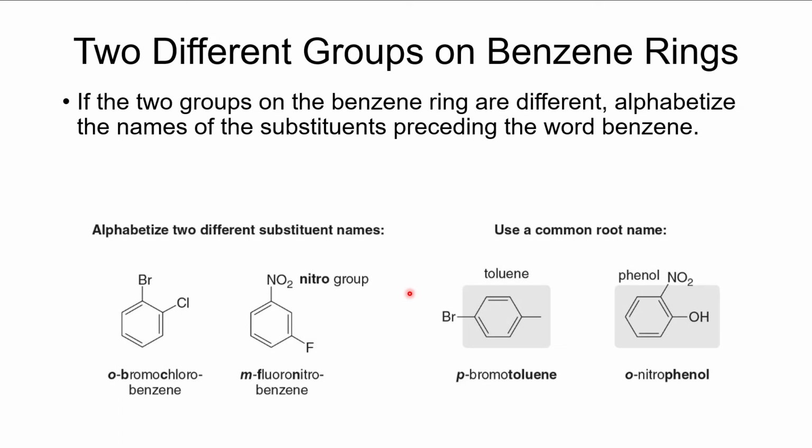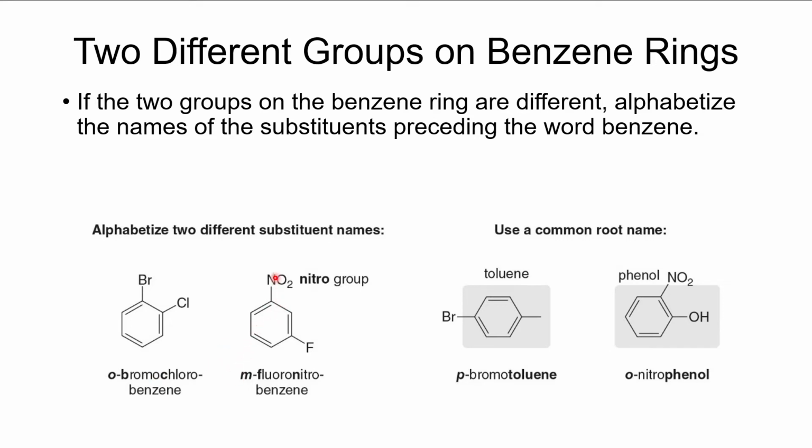For example, here we've got a bromo and a chloro. Since B comes before C, these are ortho to each other. This would be ortho-bromochlorobenzene. It would also be accurate to call this 1-bromo-2-chlorobenzene. That would be an accurate description of that molecule.